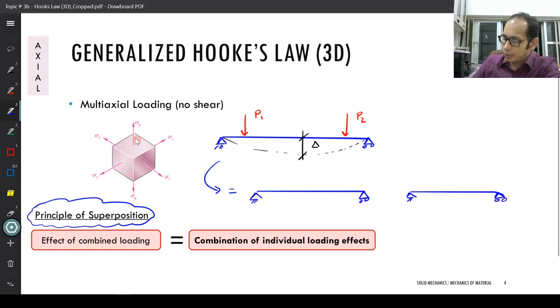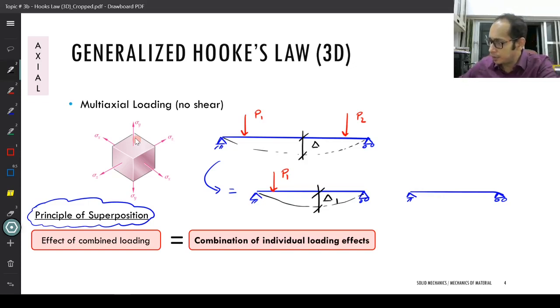In this beam, when I have just this load P1, and I calculate this deflection at the center, let's call it delta 1.